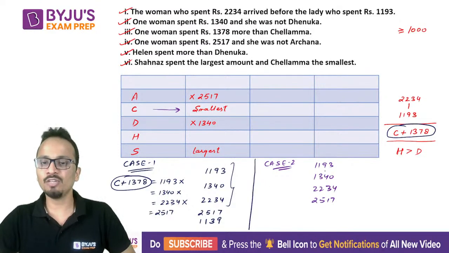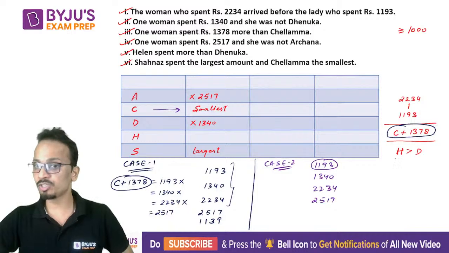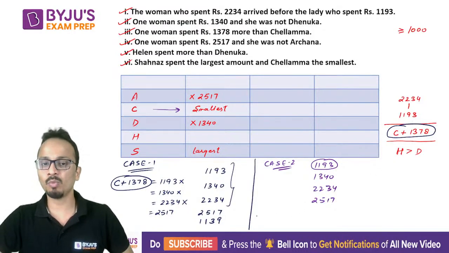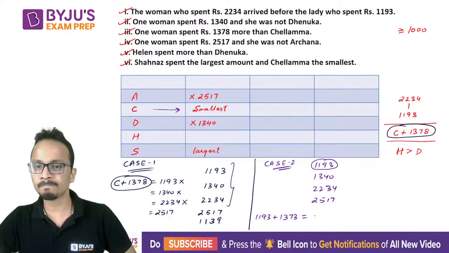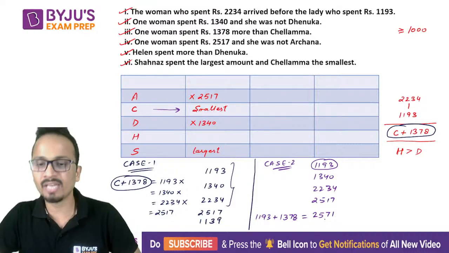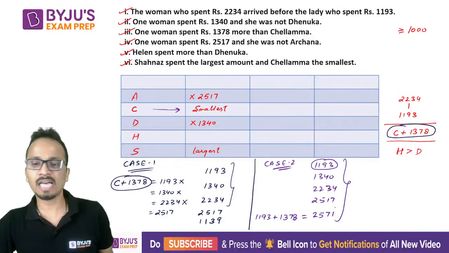So I'll take the value of C as 1193. So this fifth person will have the value of 1193 plus 1378. Now adding these two, you will get 2571. So these are 5 numbers.